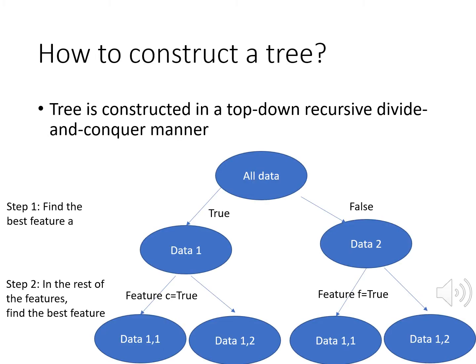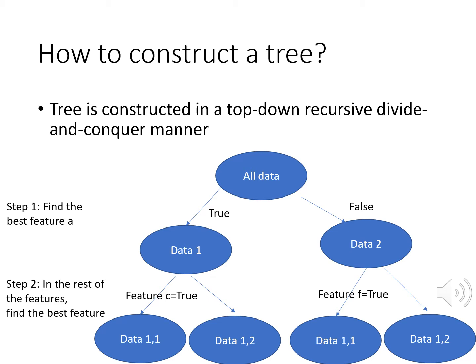Given the training data, how to construct a tree? The tree is built in a top-down recursive divide and conquer manner. So all the training data is first put in the root node, and then in each step we find the best feature to split the data.